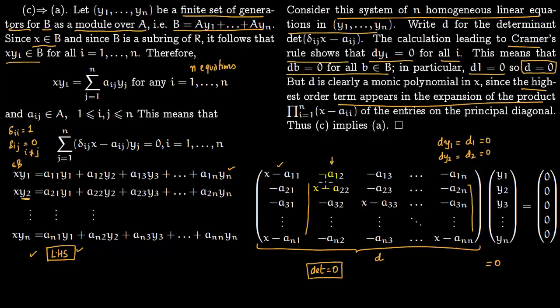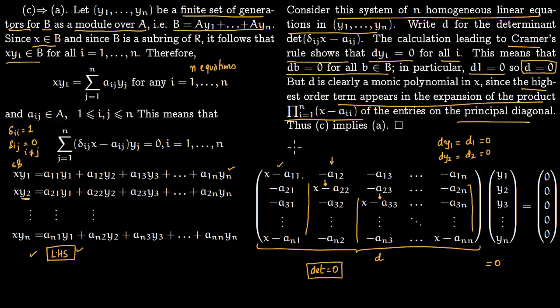Now here you expand again by the first row, then you focus on this minor here, then you again expand by the first row, then you focus on the minor here. So essentially when you start expanding from here, all the terms which contain x will be precisely coming from multiplication of the terms along the diagonal. So this multiplication of the terms along the principal diagonal is what will give you the monic polynomial. Obviously you will get a monic polynomial because this will be the highest term.